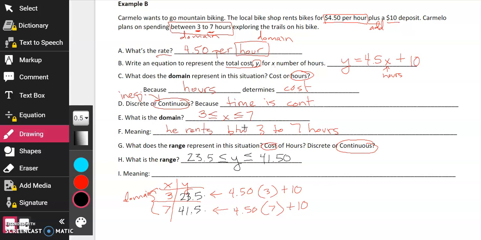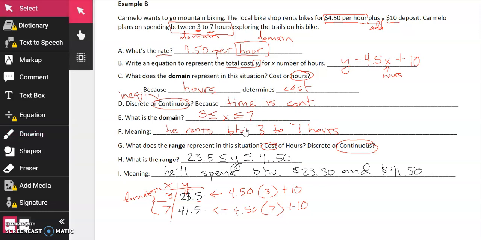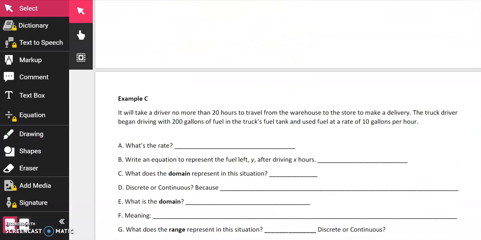Okay, so they'll spend between $23.50 and $41.50. That's what we're finding out. We're seeing like, where do all these values exist? Okay, one more. Here we go.